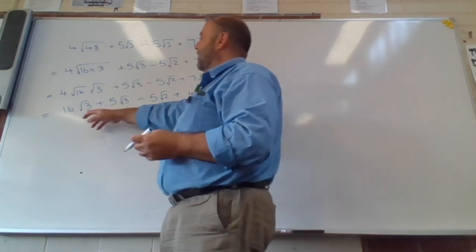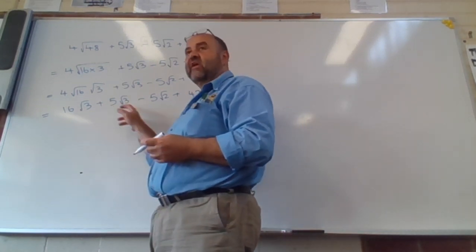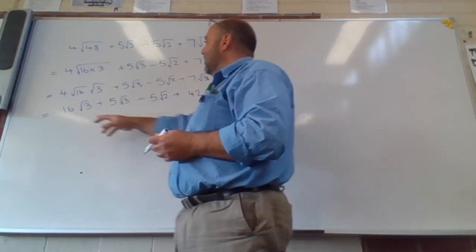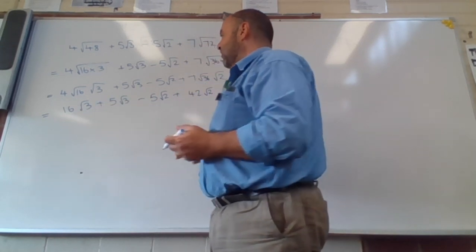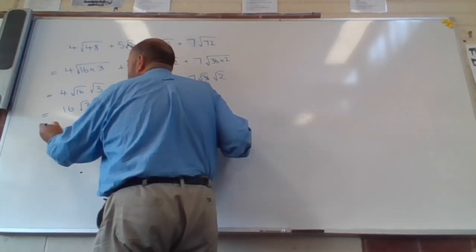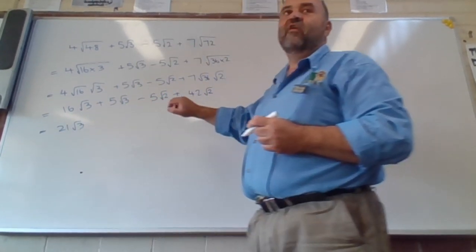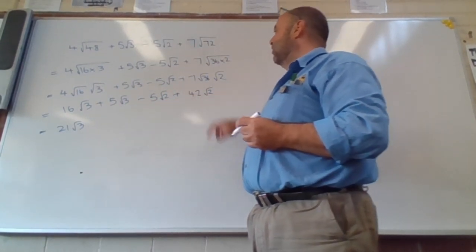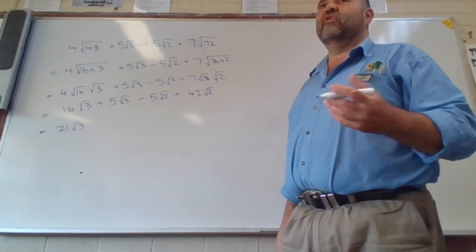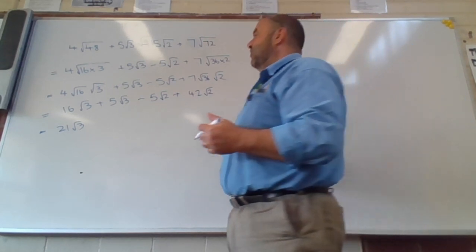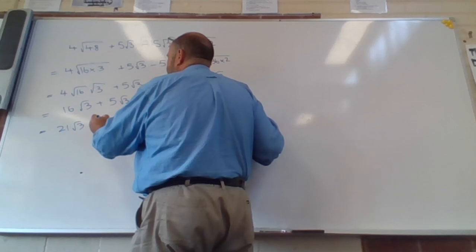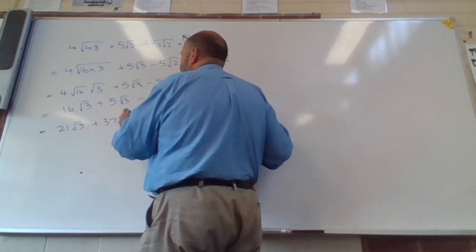So the root 3 and the root 3 here tell me that these two are like terms, so I can add them. 16 root 3 plus 5 root 3 is 21 root 3. Over here I've got negative 5 root 2 plus 42 root 2. Well, 42 take away 5 is 37. That's plus 37 root 2.